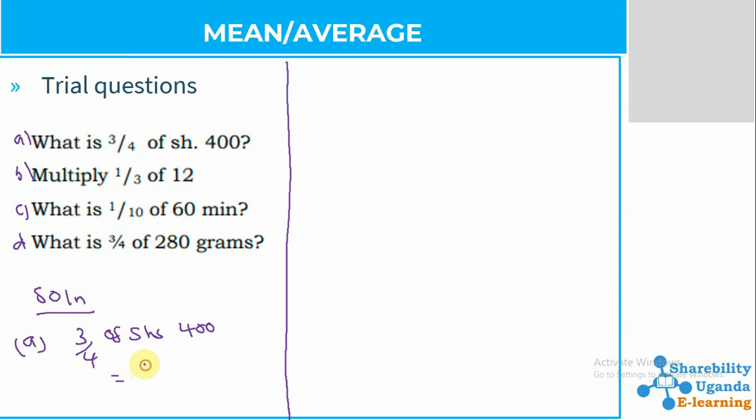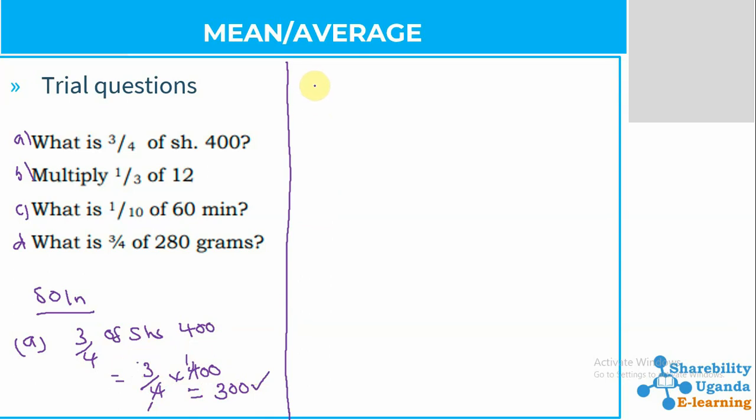So this simply means we shall have 3 out of 4 times 400, divide 400 by 4, 1 by 4. So here we shall have 3 times 100. We are going to get 300. So this is going to be our answer.